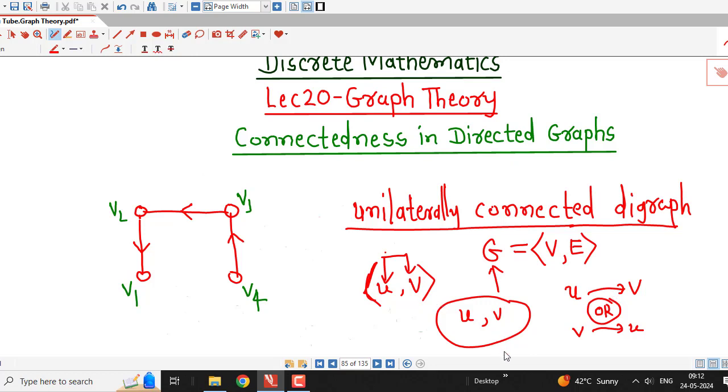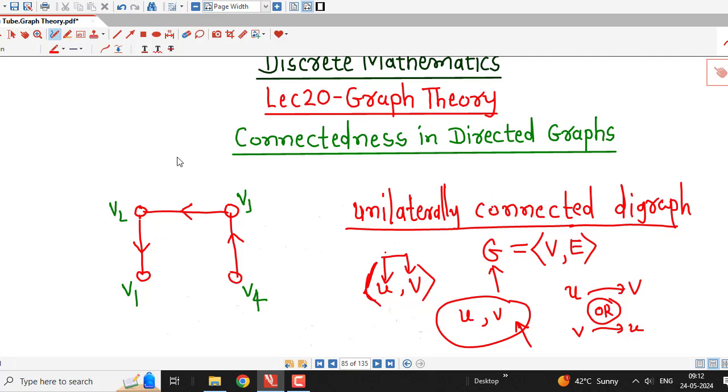In other words, at least one node is reachable from the other node. So if this condition is satisfied, then we say that a directed graph is unilaterally connected.